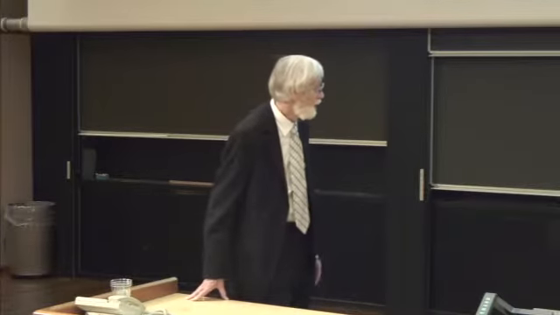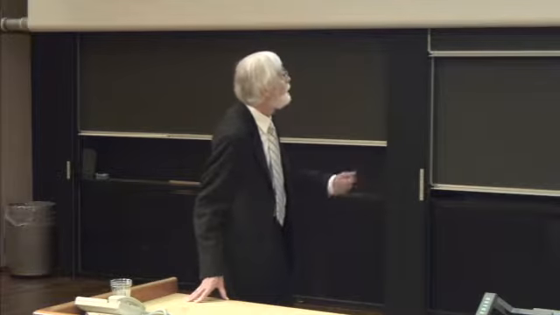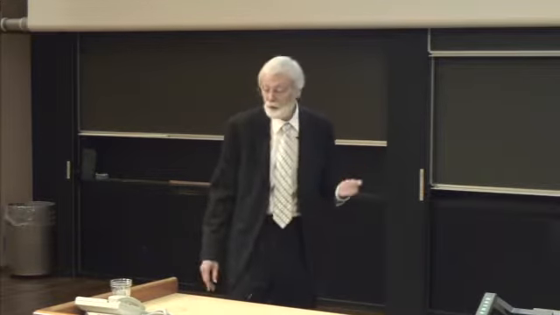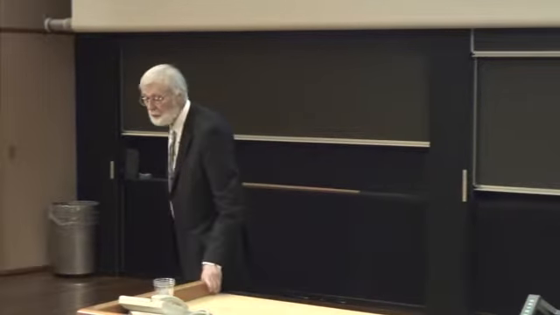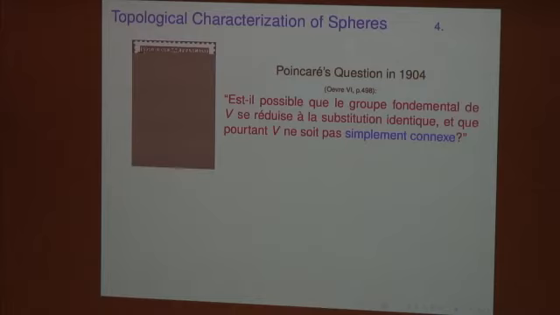So that's one problem, that the word simply connected means something very different today from what Poincaré meant by it. And also, of course, I've taken this out of context. He was talking about three-dimensional manifolds, so it's understood here that V is to be a three-dimensional sphere.